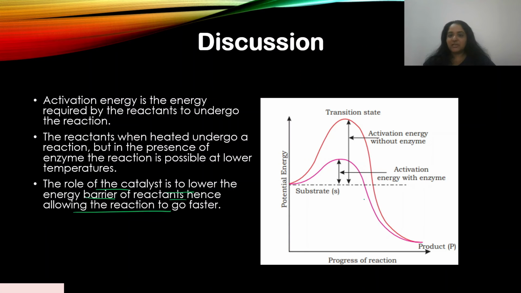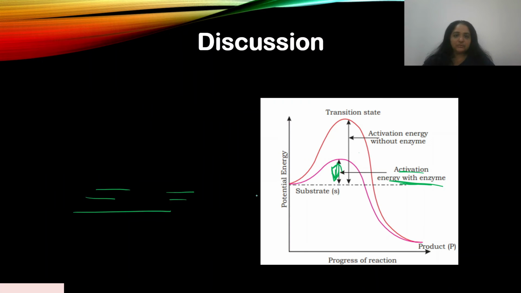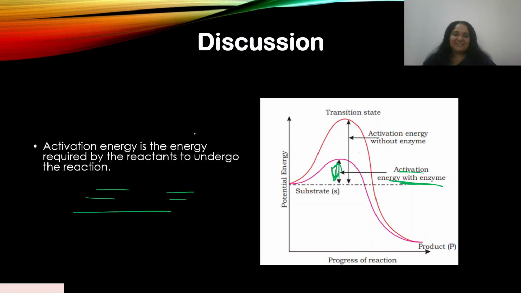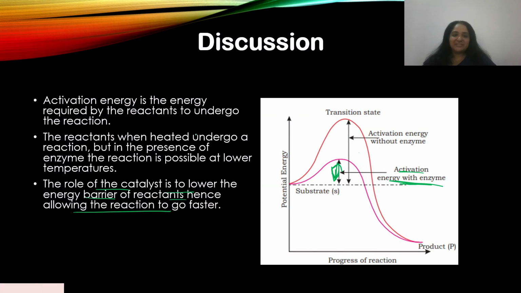Like you want to go from A to B, so the activation energy with enzyme is definitely lower, as compared to the activation energy without enzyme. So if we go back to our question, decrease the activation energy. This is basically the whole premise of the use of enzymes. Okay, let's move on then.